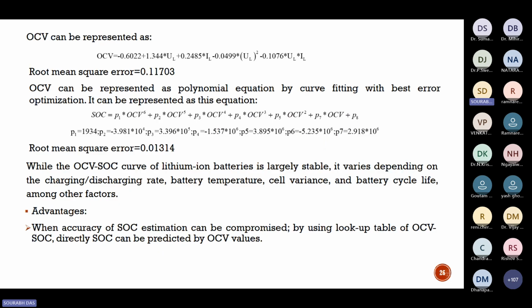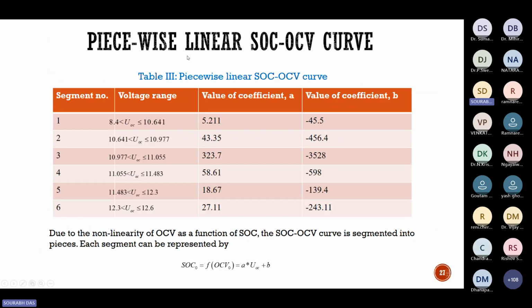What we have seen is that this is a non-linear equation, and with time these equations also change, and in some microcontrollers higher order polynomials cannot be used. So to increase the accuracy of the estimation method, we can use the piecewise linear SOC OCV curve.